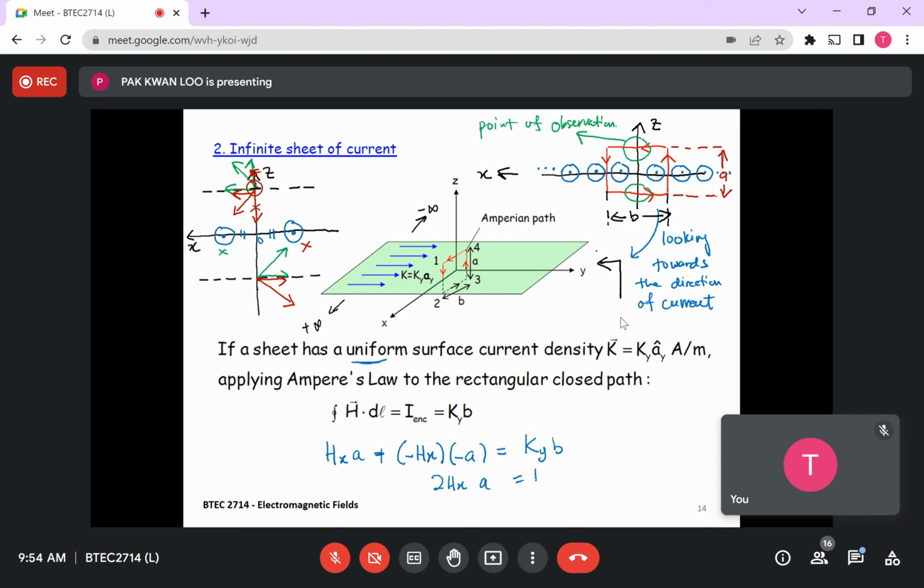The surface current density is in amperes per meter, so current per unit length.